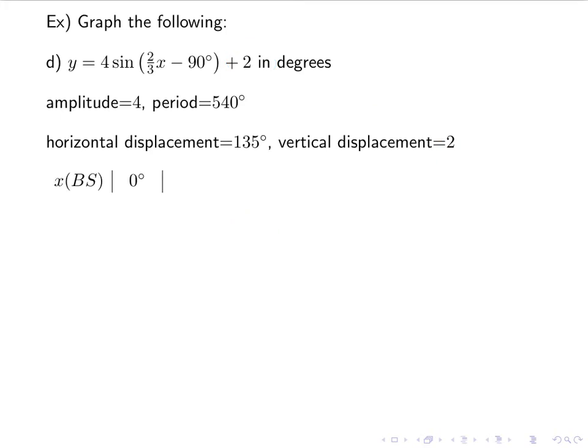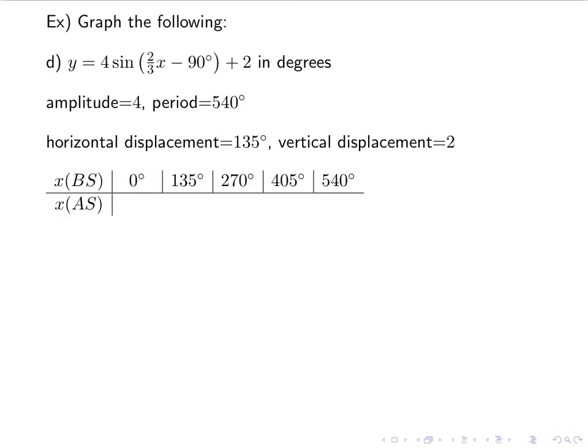I start my table. I start at 0. Then I want a quarter of my period. So that gives me 135 degrees. And then I want either twice that or half of my period, which is 270. Then I want 3 times this guy. That's 405. And then lastly, I should be getting my 540 again.